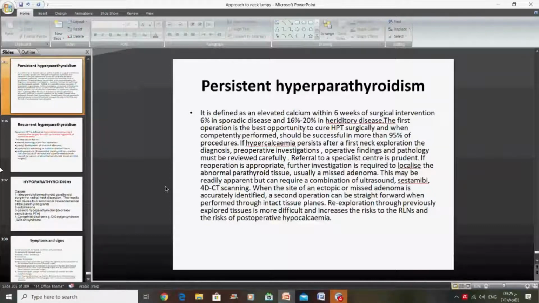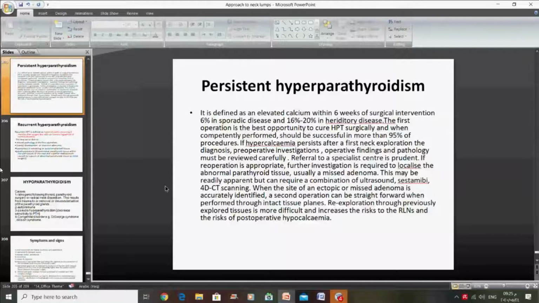If hypercalcemia persists after the first exploration, the diagnosis, preoperative investigations, operative finding, and pathology must be reviewed carefully. Referral to specialist centers is prudent.